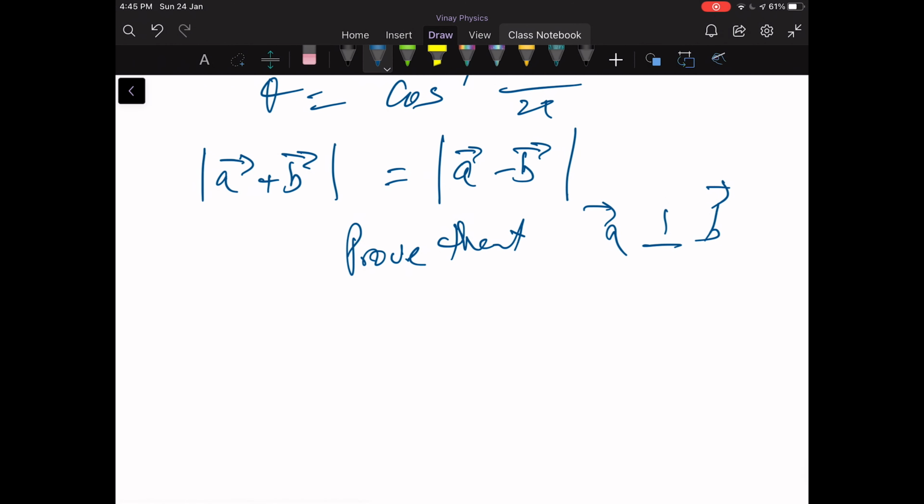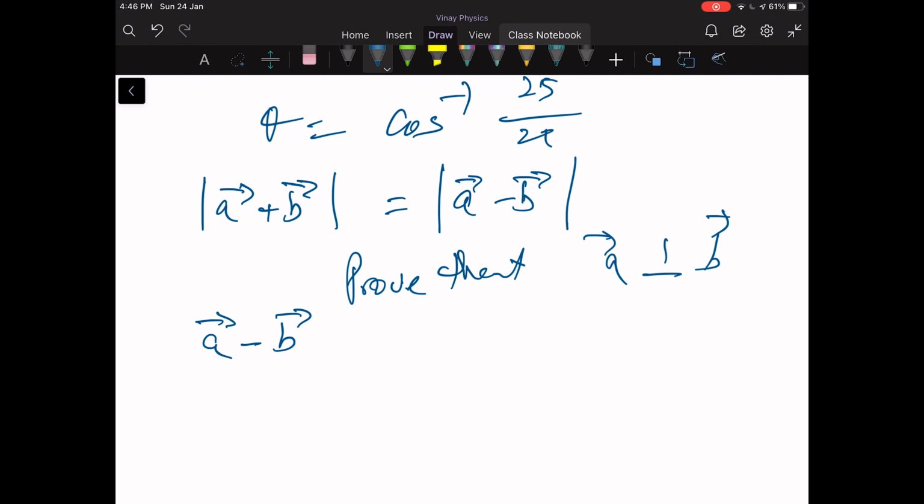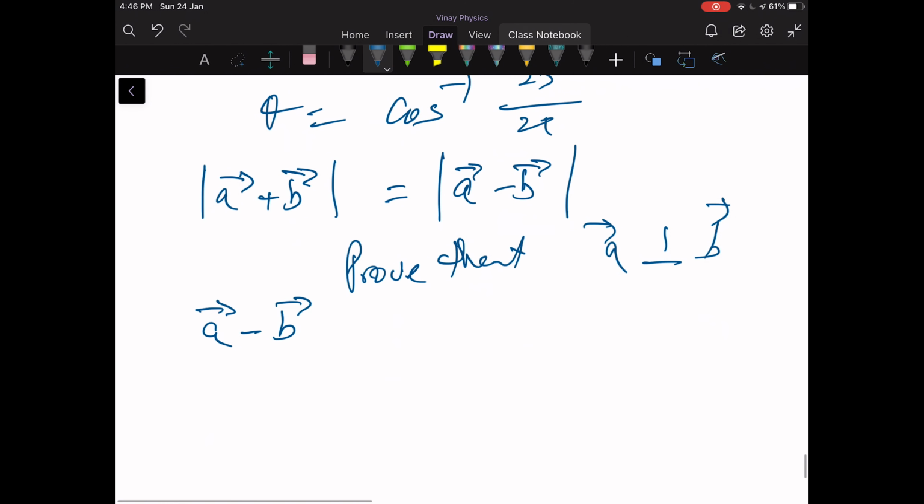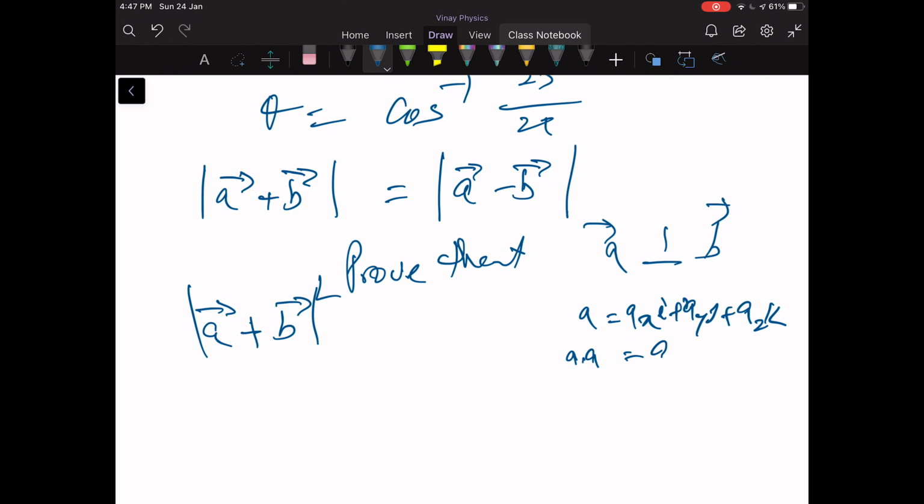So, one way to solve this problem would be to look at A dot B. Let us say we take vector A minus B, this is one vector, and we take vector A plus B, the magnitude square, that we can simplify to the dot product of A plus B with itself, because we know if we have a vector A which is Axi plus Ayj plus Azk, if we take a dot product of A dot A, we know it will become Ax square and so on.